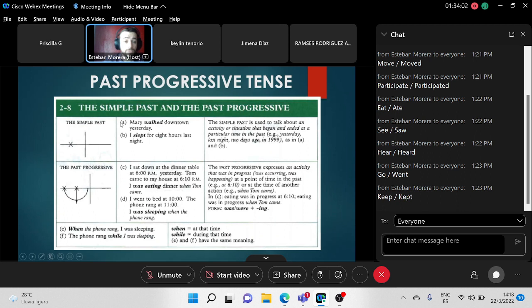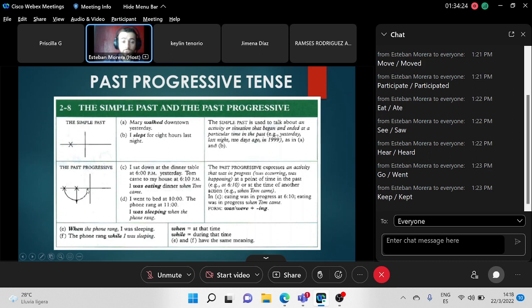So in the past progressive tense, we talk about an action, guys, that started in the past. The action was happening, was happening, was happening. The action was in progress. And the action finished in the past.